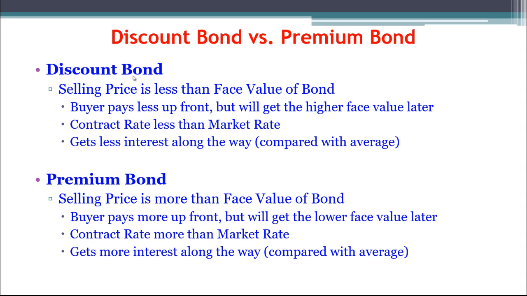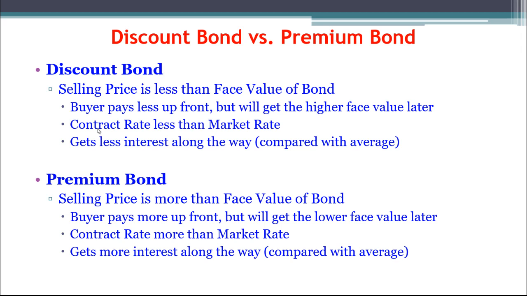With the discount bond, the selling price or the issue price is less than the face value of the bond. So that buyer is going to be paying less up front to get that bond, but then when they cash it in 10 years, for example, they're going to get paid the higher par value. This occurs because the contract rate, the stated rate of interest, is less than the average market rate.